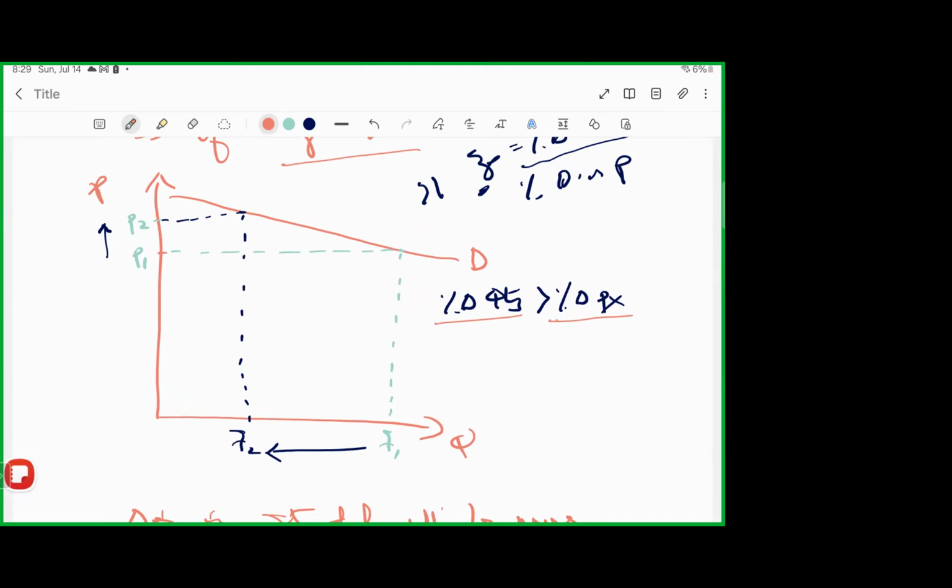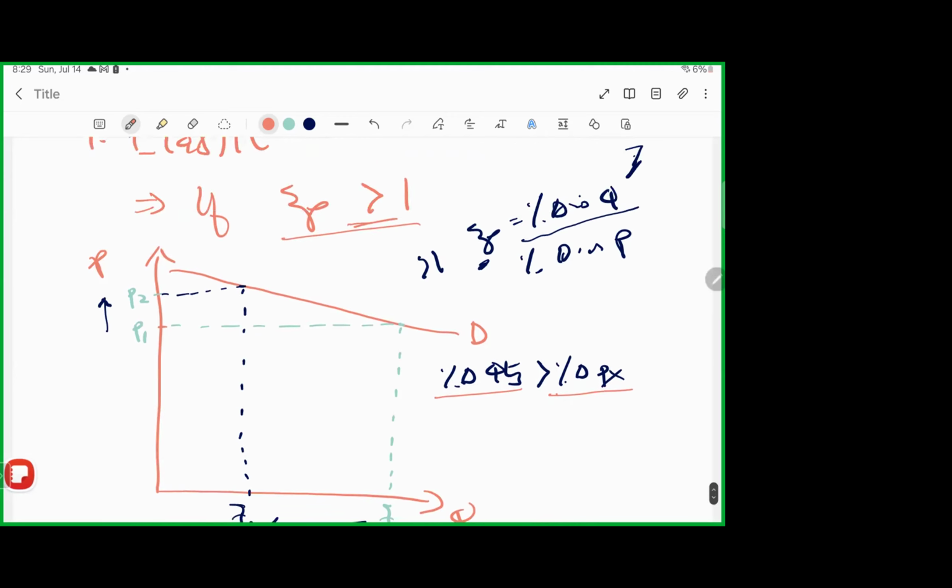Okay, so that is the elastic demand. So if you have a particular good whose elasticity is greater than 1, and you increase your price, be rest assured that quantity demanded will fall by more than the percentage increase in the price.